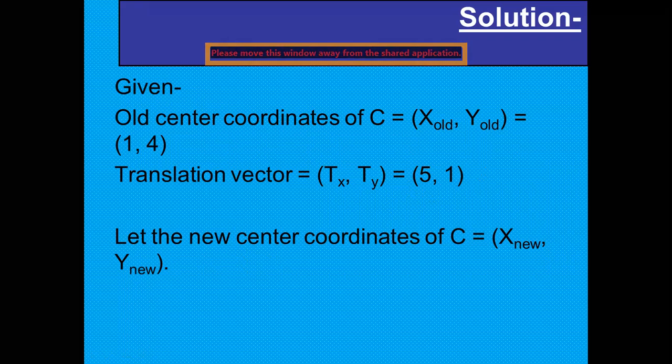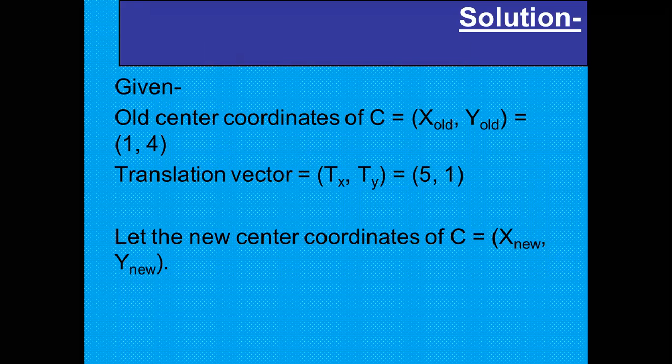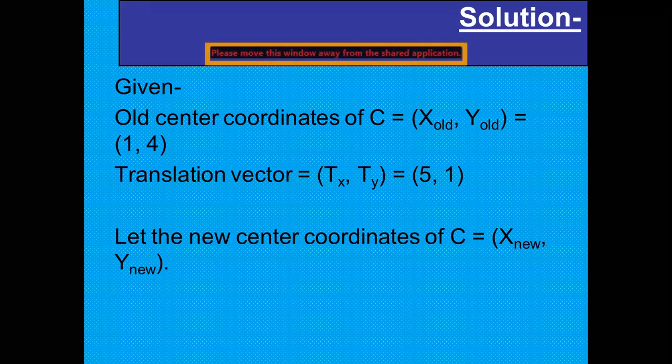Again I am reminding you that transformation means we are going to apply some change to the object or image. That is called the transformation. Transformation is a sort of change which we want to apply to the given image or object.